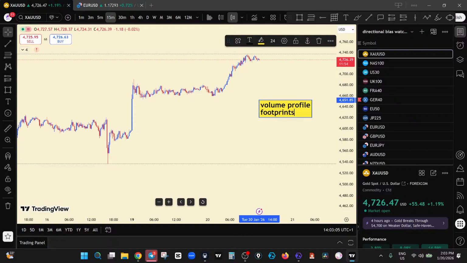I'm going to show you footprints. Footprint simply shows you the orders at each price in a candle. And you can only read footprint better in the lower time frame, like the 1 minute, 5 minutes, or 15 minutes. There's no point looking at it in a daily time frame.